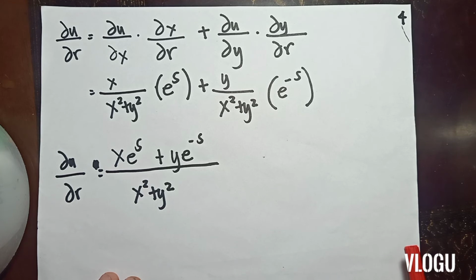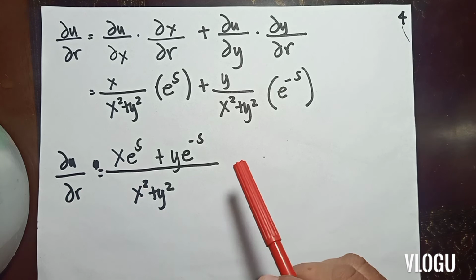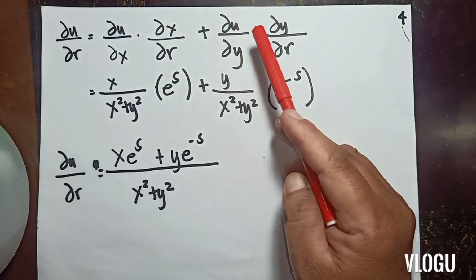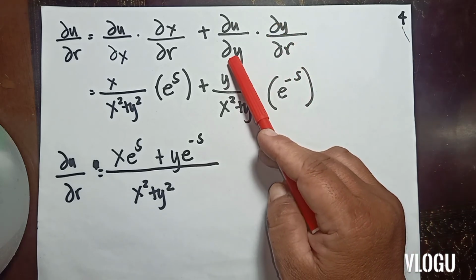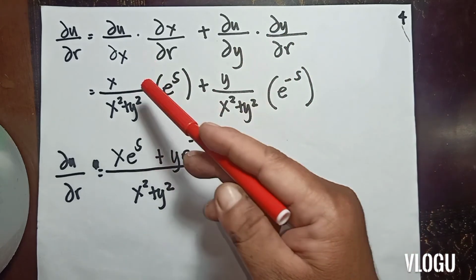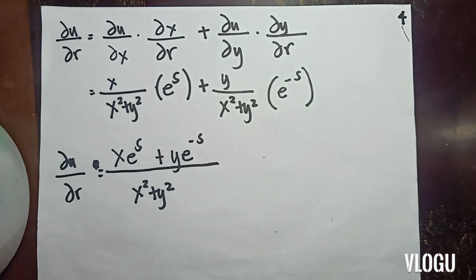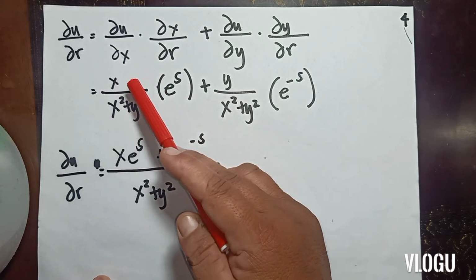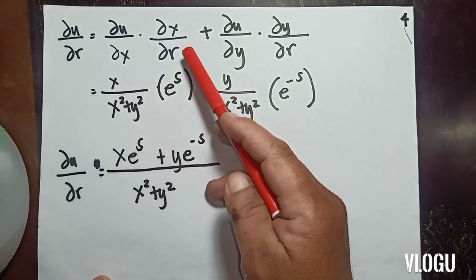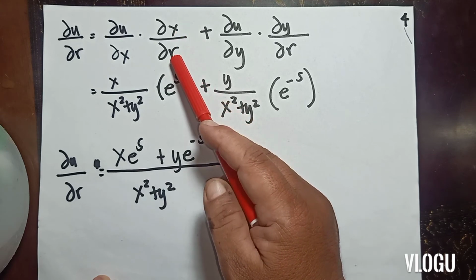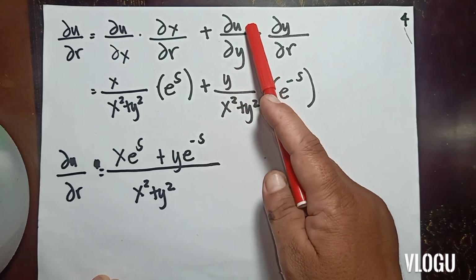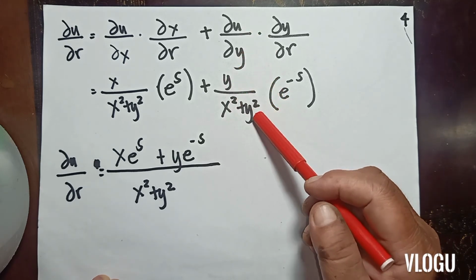So, for example, if you are going to find du dr, the partial derivative of u with respect to r, our formula is du over dr equals du over dx times dx over dr plus du over dy times dy over dr. As we have solved, the partial derivative of u with respect to x is x over x squared plus y squared. The partial derivative of x with respect to r is e^s. The partial derivative of u with respect to y is y over x squared plus y squared.